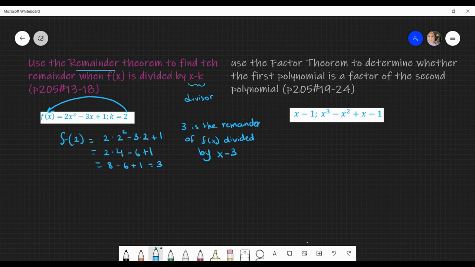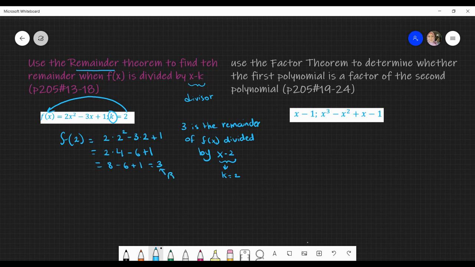Because remember, that k, we get it by the zero of the divisor. So in this case, x minus 2, the remainder is 3. The zero of this divisor is k equals 2. And that's what we use to plug it in and find the remainder.